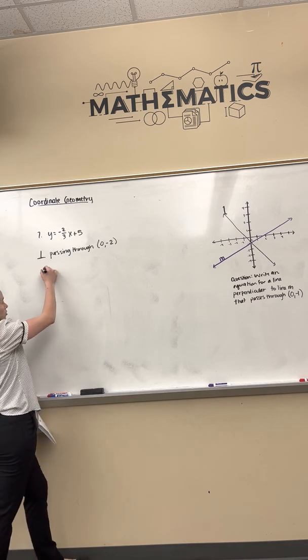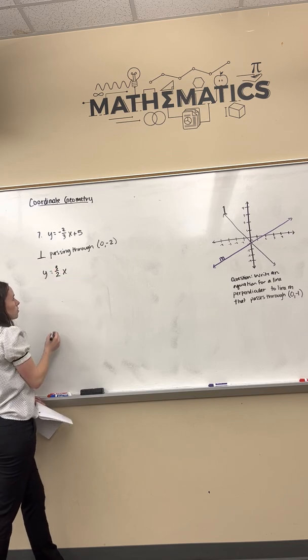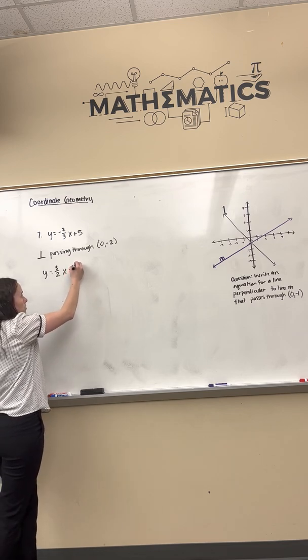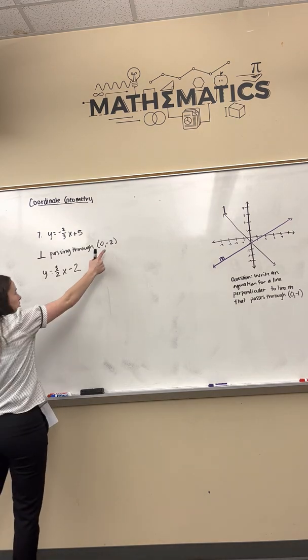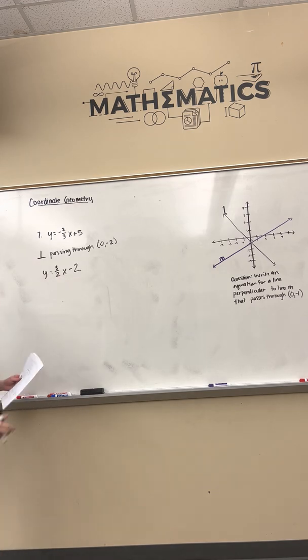Well, we know a perpendicular slope needs to have a positive 3/2 x. And what's really nice is this is already our y-intercept, so -2. And that's all you have to do for that one. If you really wanted to, you could have plugged in -2 for y and 0 for x, but you would have found that b was going to still be -2.